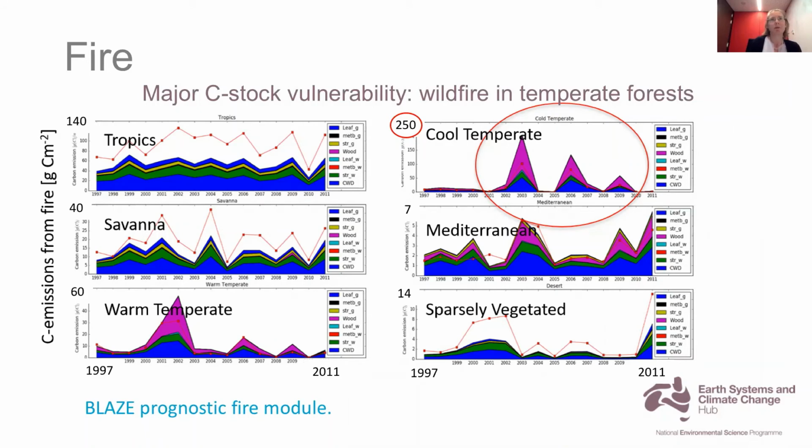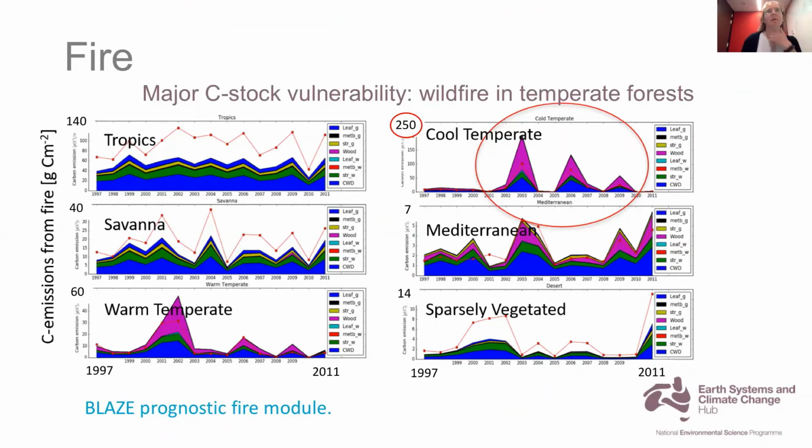The area burnt each year of the savanna and the tropics is much larger, but when the cool temperate forests burn, they emit much more carbon to the atmosphere. And the different colours in the diagrams represent the different fuel sources contributing to the direct emissions, and those temperate fires are actually dominated by emissions from the live wood pool.